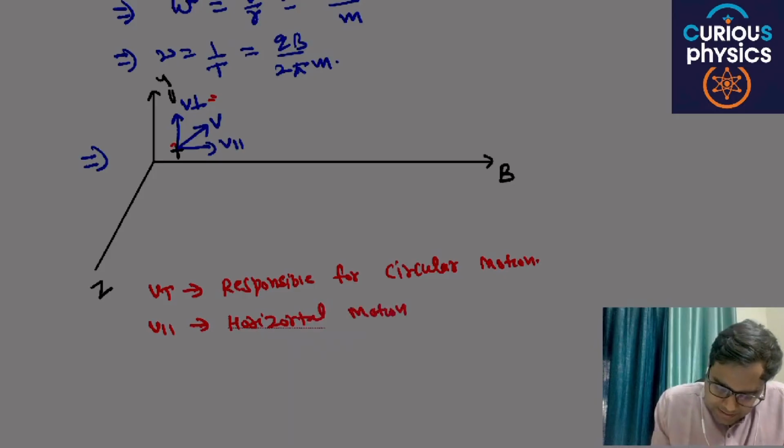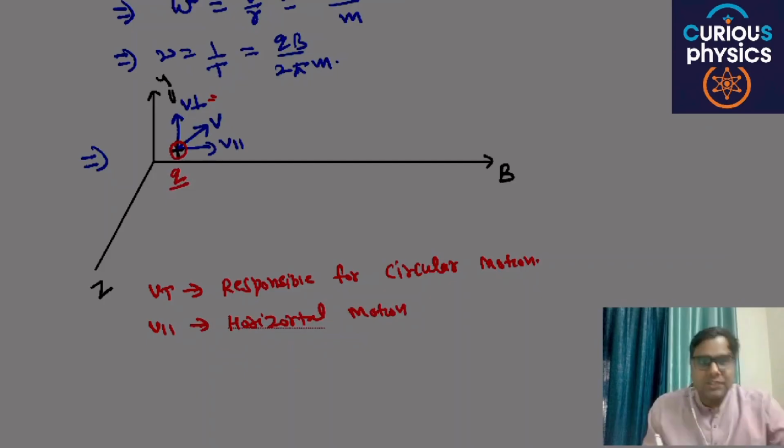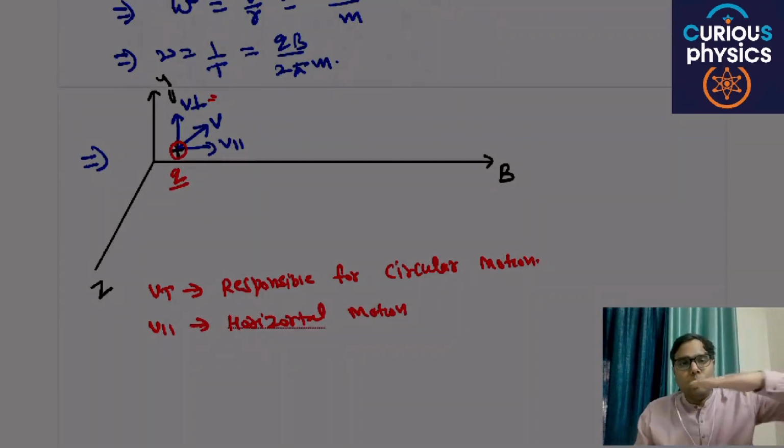Let's say there is a charge Q. Then V parallel will move this charge in the forward direction, and V perpendicular will move it in a circle.